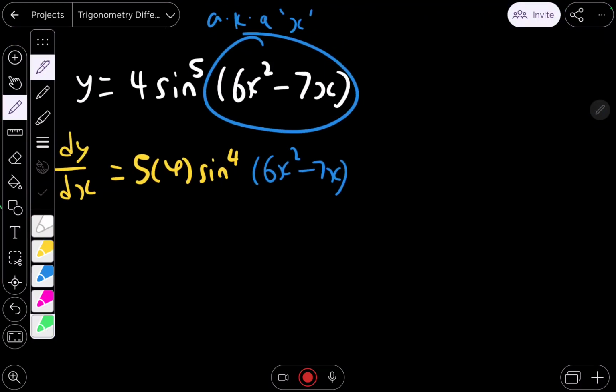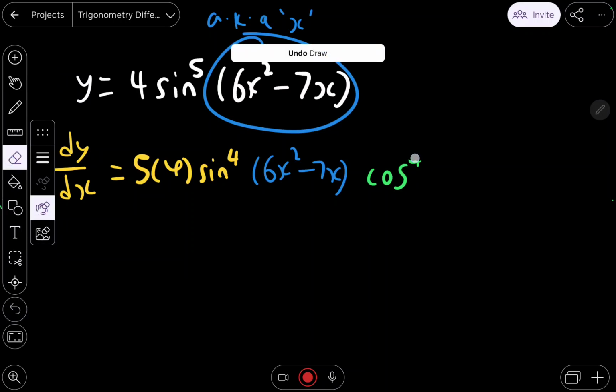When I differentiate sine to the power of 4, 6x squared minus 7x, what should I write here? Differentiate sine, what do I get? Cosine, right? So I write cosine. Do I write the 4 here, ladies and gentlemen? No, I don't. Why? Keyword, ignore the power number.